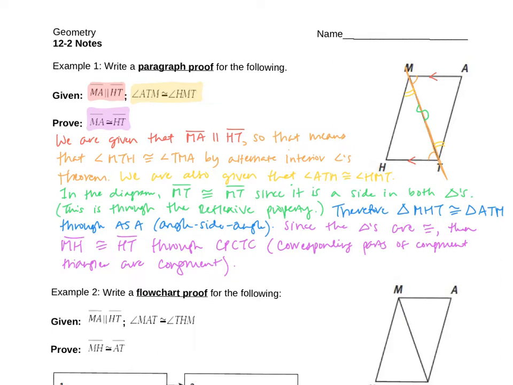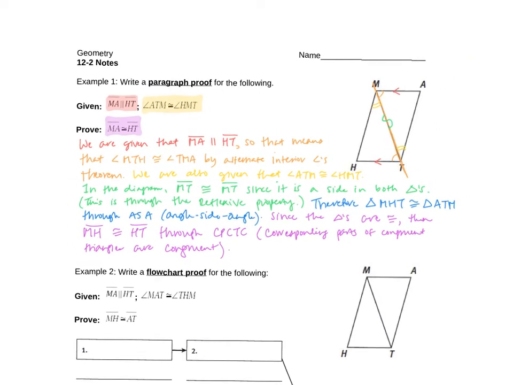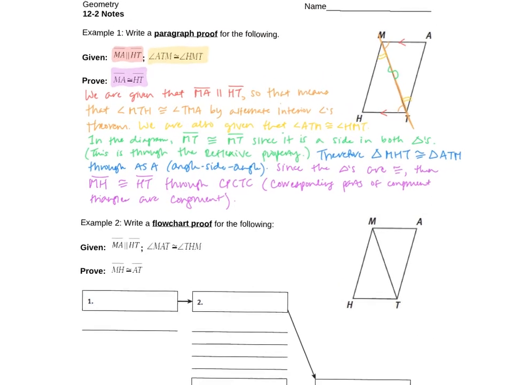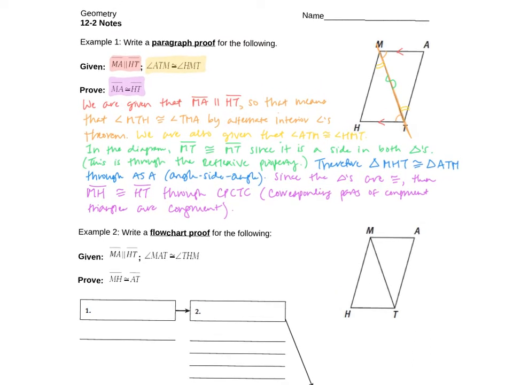Woo! All right, that was a little bit of a tough one, and we might have been introduced to that new rule at the end where corresponding parts of congruent triangles are congruent. A lot of the times we'll have a new proof every single time we work through a problem, but as you can see, if we look down below, we have a similar question to what we just did.